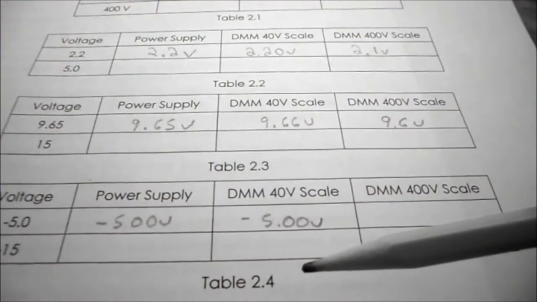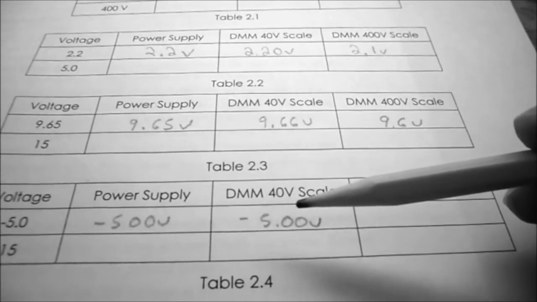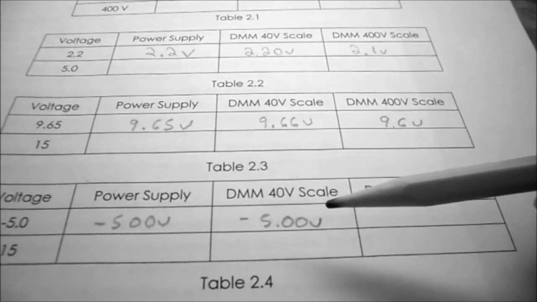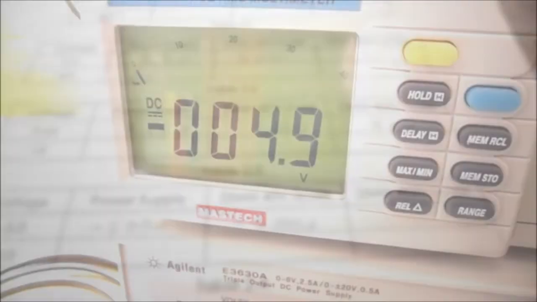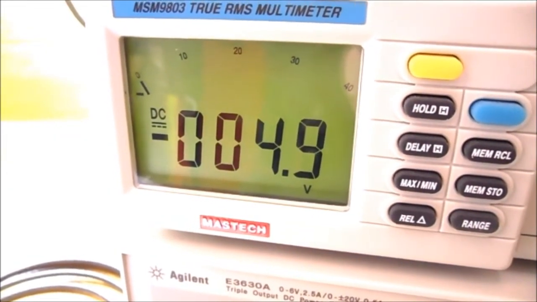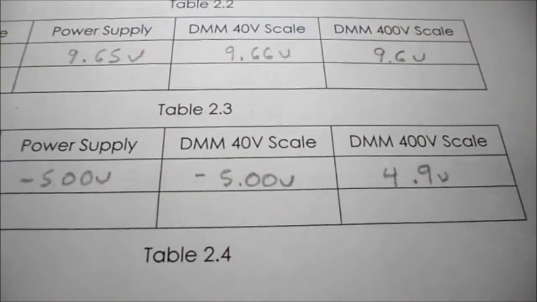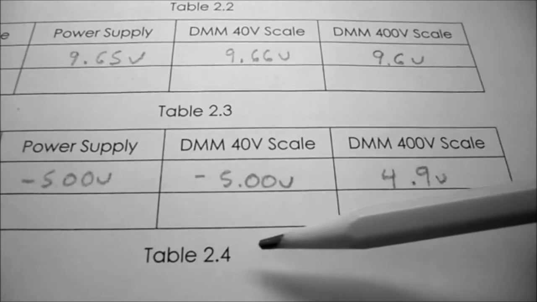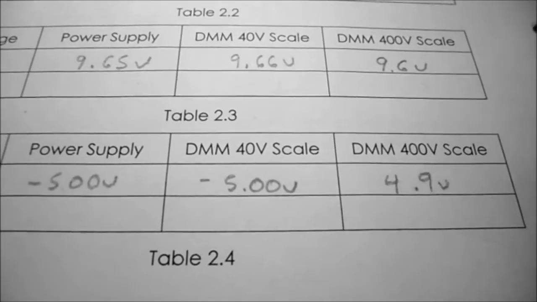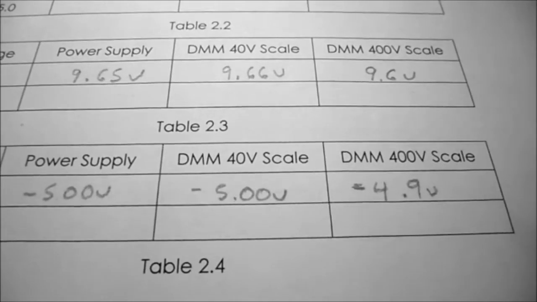So in table 2.4, I record my result as minus 5.00 volts. Changing my range to the 400 volt scale, you can see the answer is minus 4.9 volts. So in table 2.4, record your answer, and don't forget to put the minus sign in front of the number.